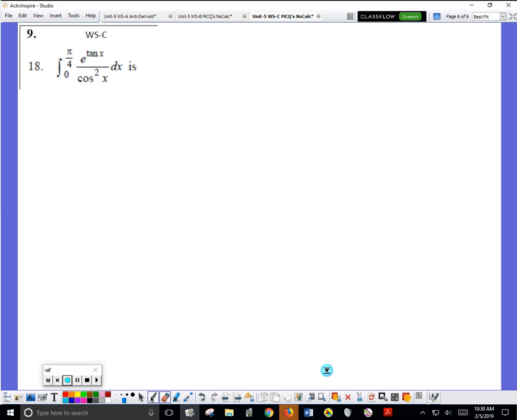There's no rule, but if you can remember derivatives, there's a nice choice for you. If you look at your blue rule sheet, you will remember that the derivative of the tangent of x is 1 over the cosine squared. That's satisfying. So this one works beautifully. So I have to change the limits.